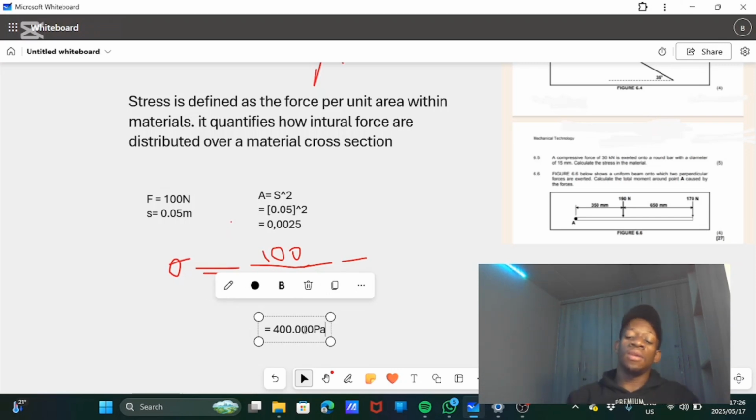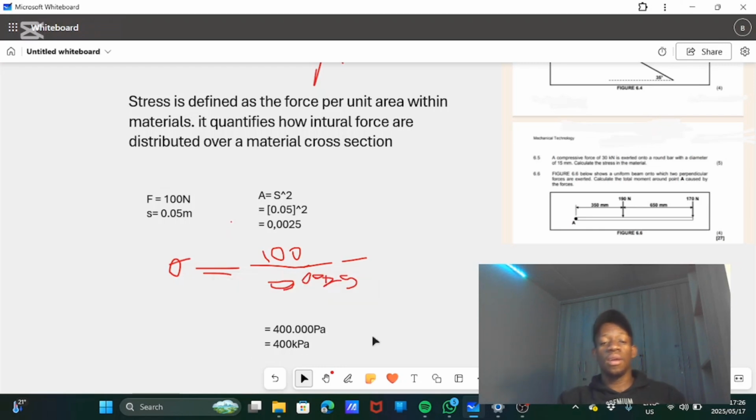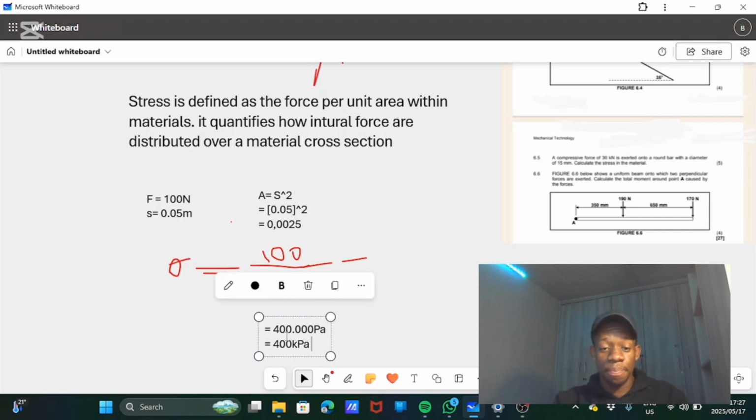But we can convert it by dividing by 1,000. It's giving us 400. Okay. So this is how we calculate stress in a square bar.